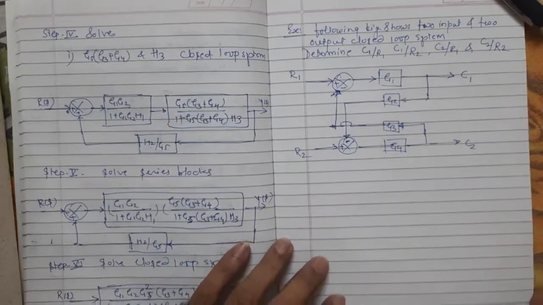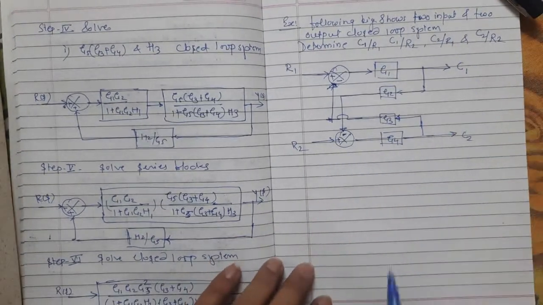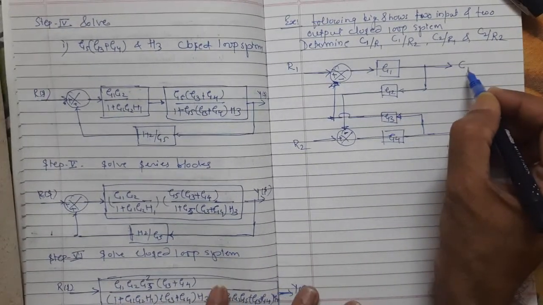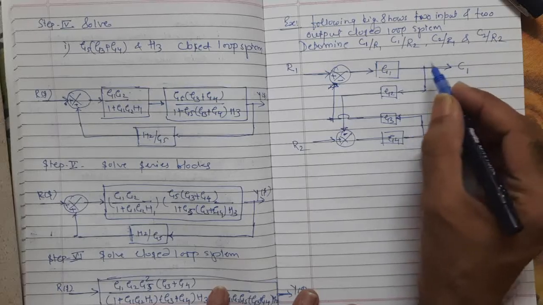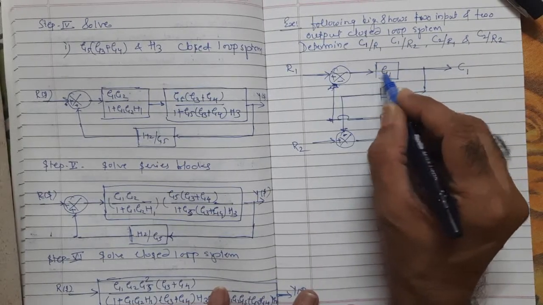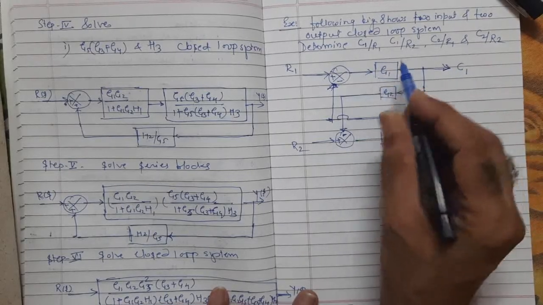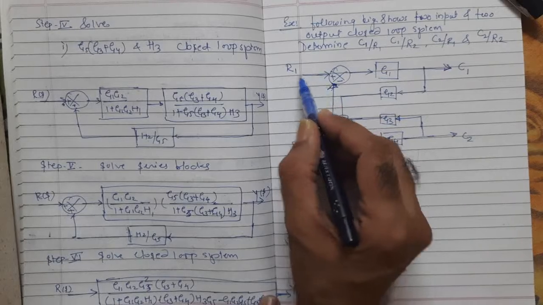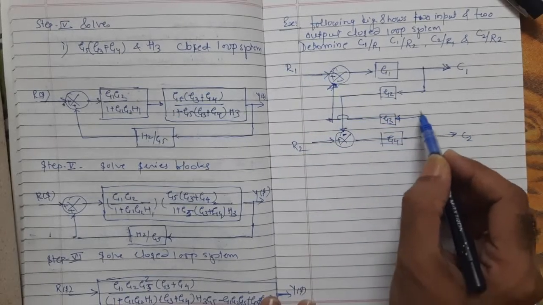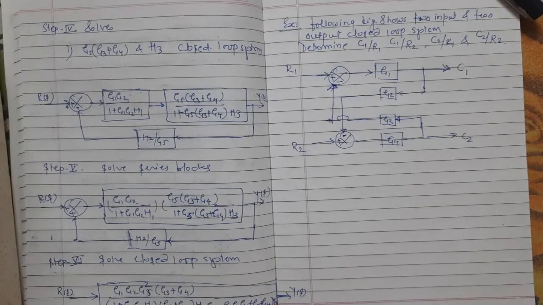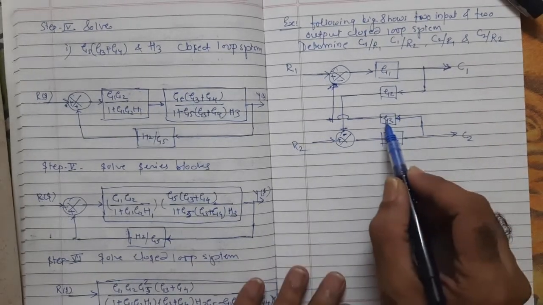Now see here, I will give the simple method here. This is the output C1, that means it is the output of the G1. Now see here, this G1, the input is from the summing point. What is the input there? One input is R1, and the other input is coming from the second output. What is the input to the G3?